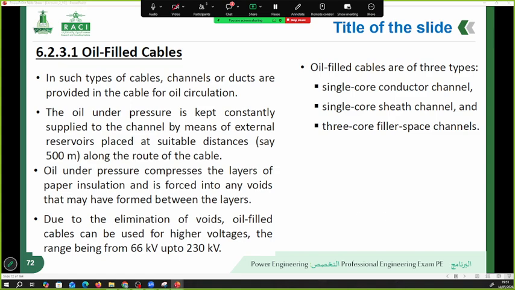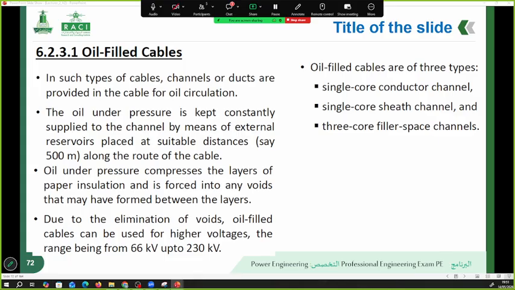All right. This slide provides detail on oil filled cables, which are a type of pressure cable designed for high voltage applications. The main feature of these cables is the inclusion of channels or ducts for the circulation of oil. This oil is kept under pressure by external reservoirs and is constantly supplied to the channels.